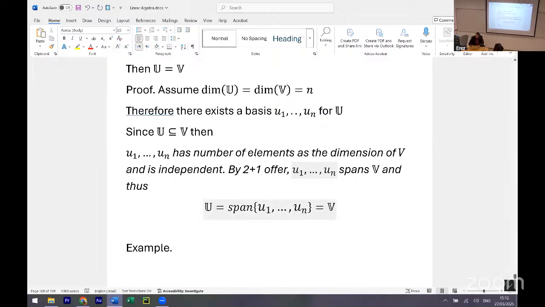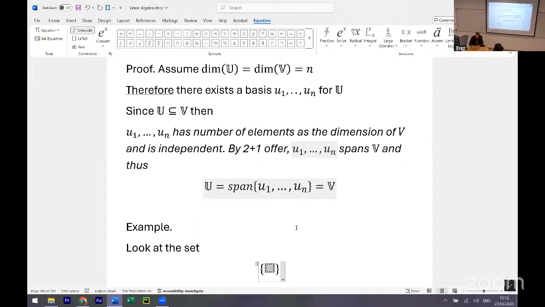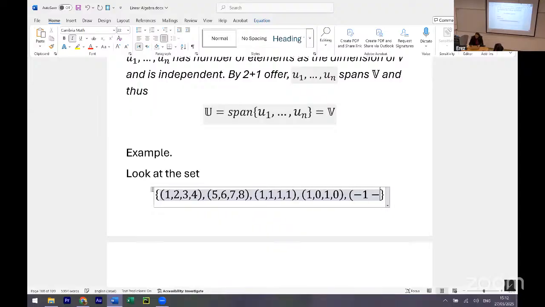For instance, consider the set 1, 2, 3, 4, 5, 6, 7, 8, 1, 1, 1, 1, and 1, 0, 1, 0. Oh, sorry, and -1, 2, -3, 4. Oh, great.